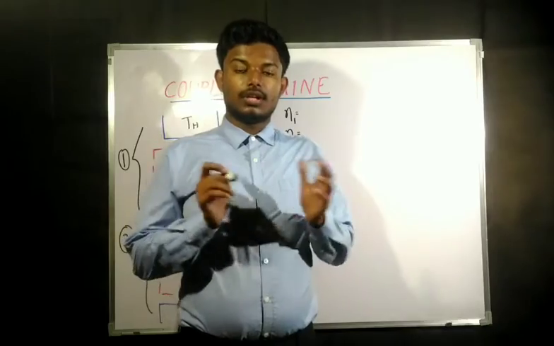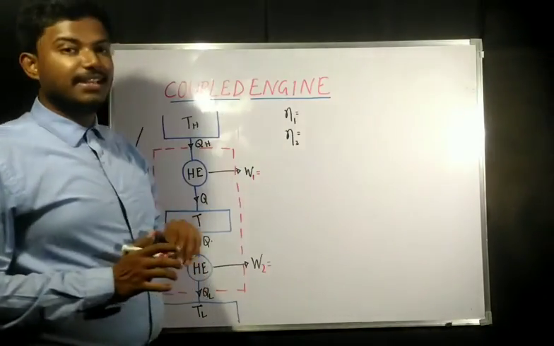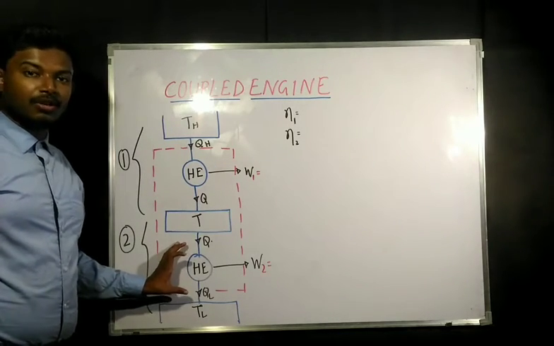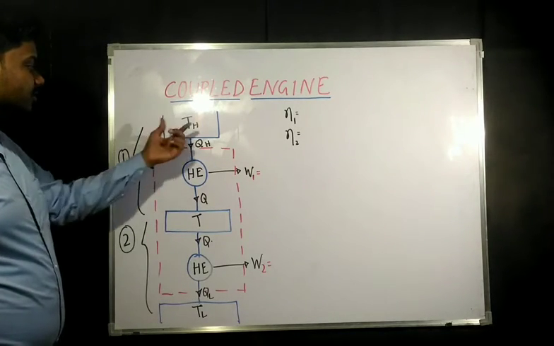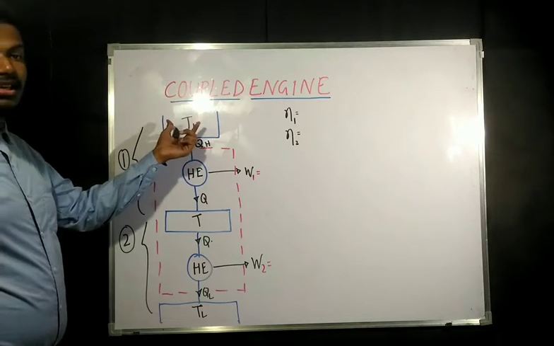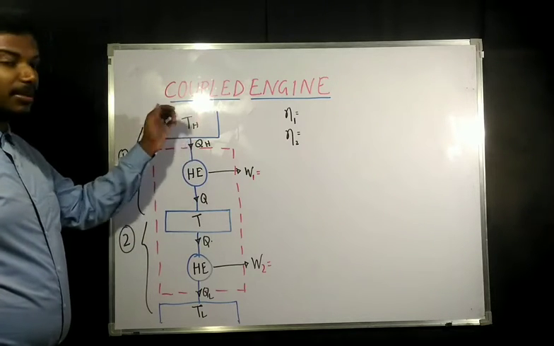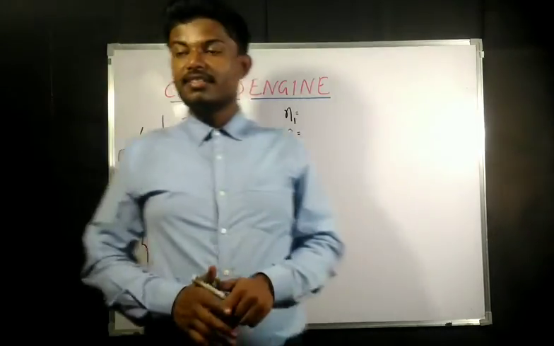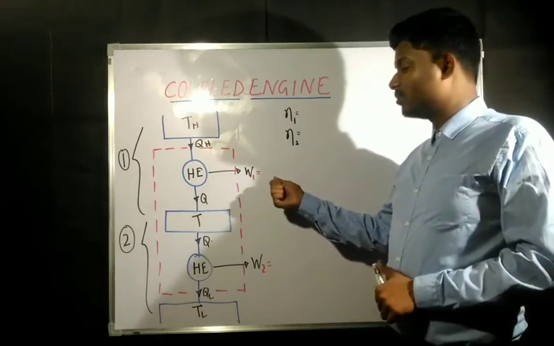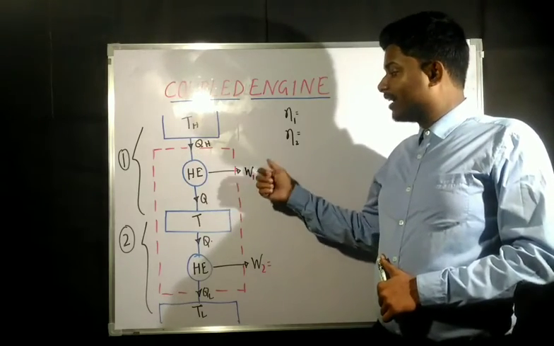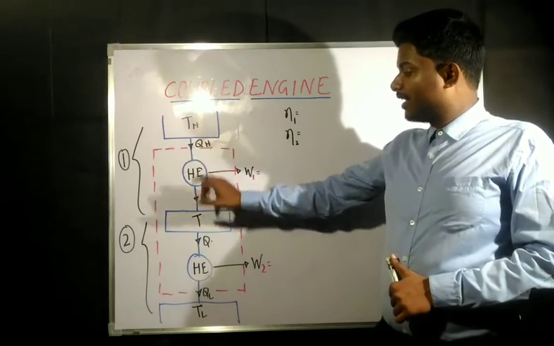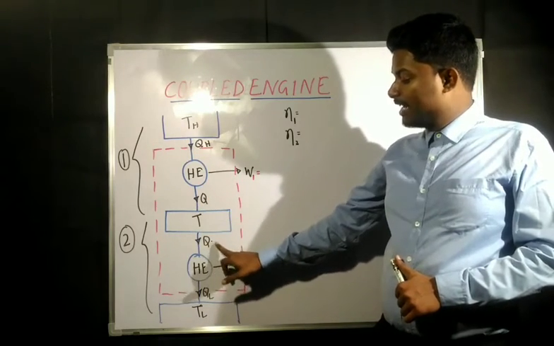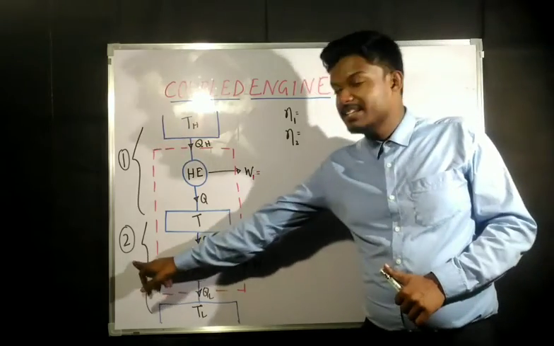Now we are going to look at the coupled engine. Coupled engine means two heat engines are coupled together. Previously, heat used to come out from the higher temperature thermal reservoir and give heat to the lower temperature thermal reservoir, and by that heat we get some work. Now the heat that is coming out becomes the input for another heat engine, heat engine 2.